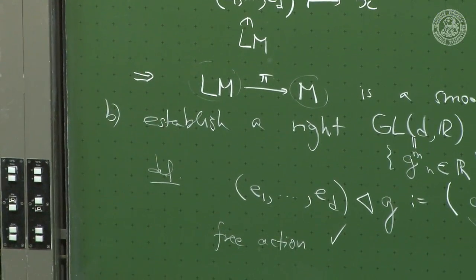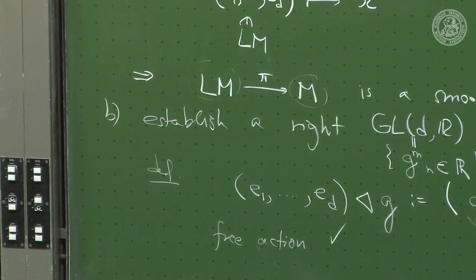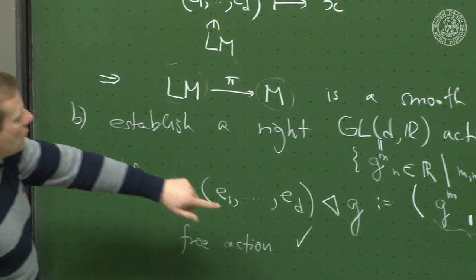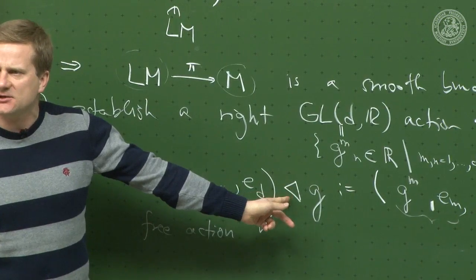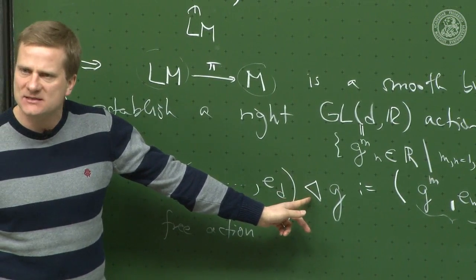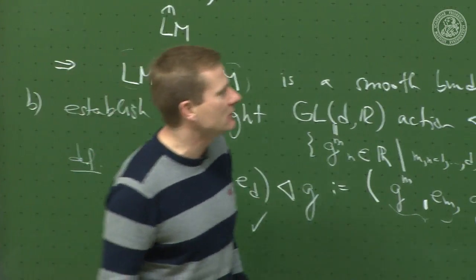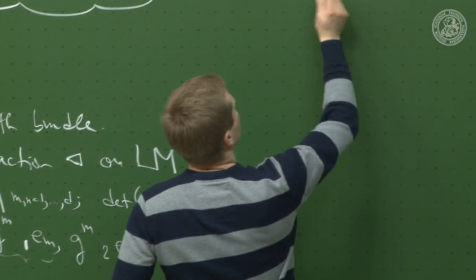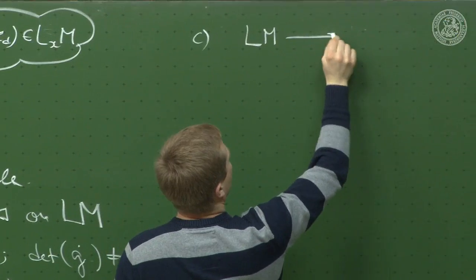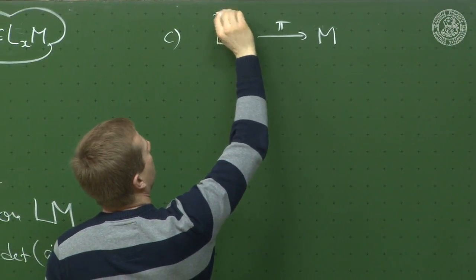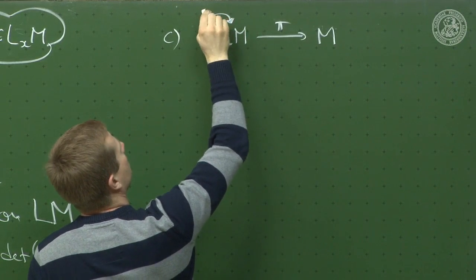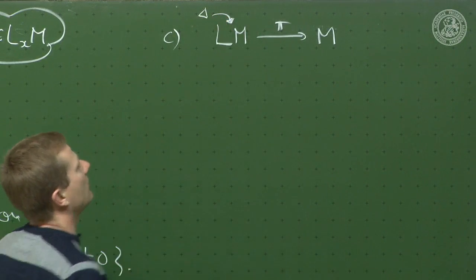That's good. And so the question is: this frame bundle, once the total space is equipped with such a free right G action, is this a principal G bundle? So is Lm, pi down to m, and one should always say there is also an action of some group on here.